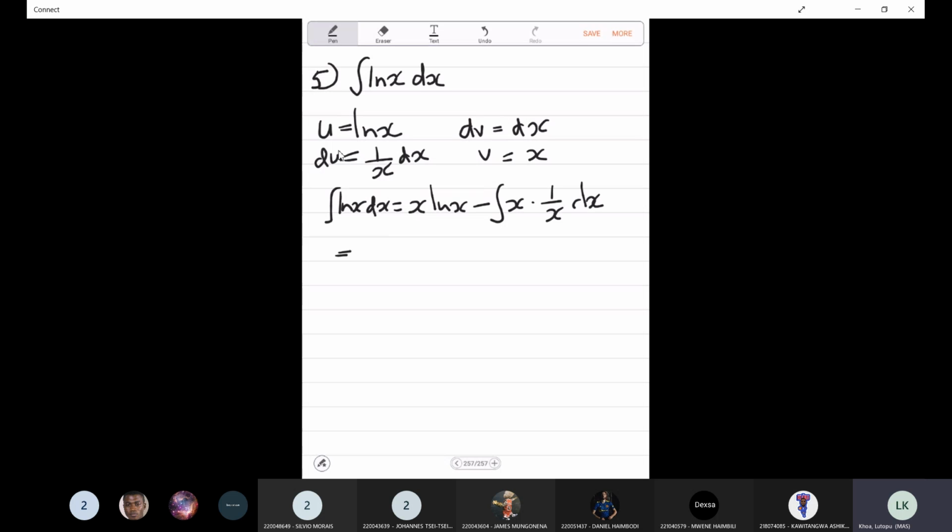So this is just x ln of x minus the integral of dx, which is x ln of x minus x plus your constant of integration. So that one is fairly simple, nothing complicated there. And one more.